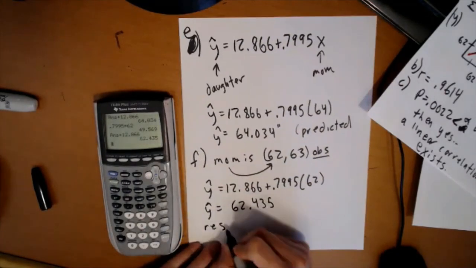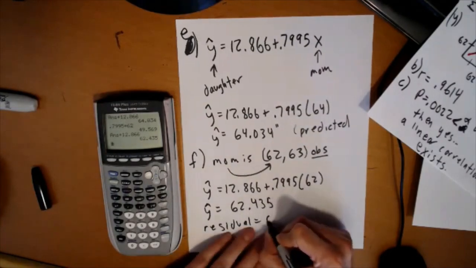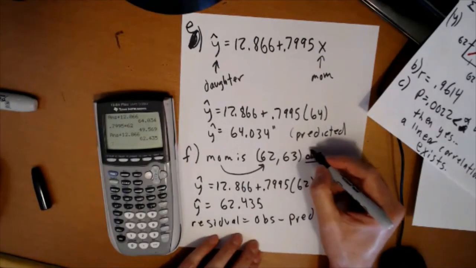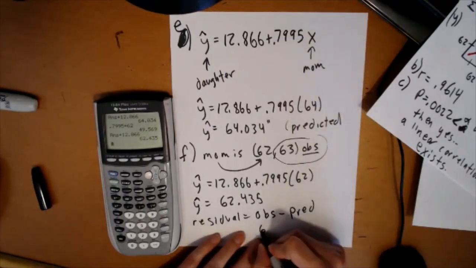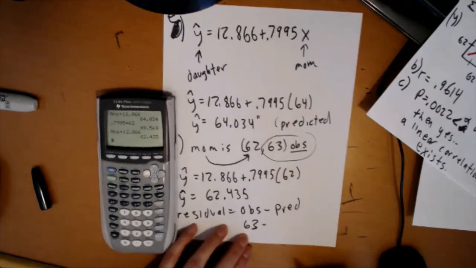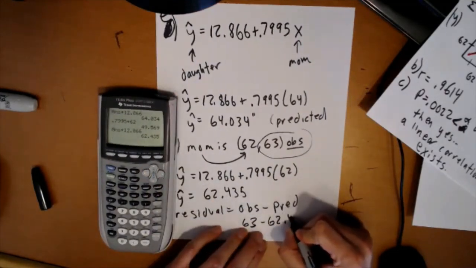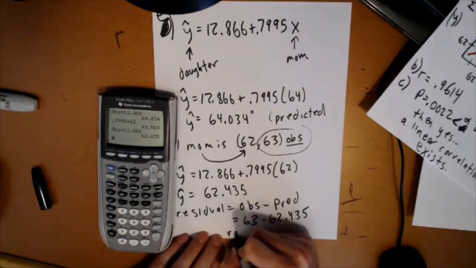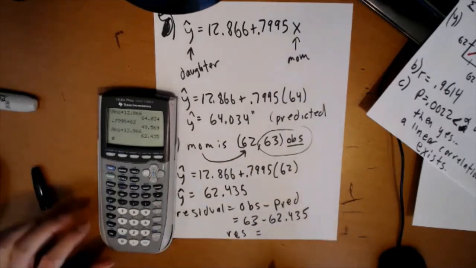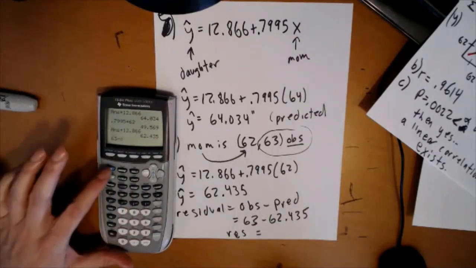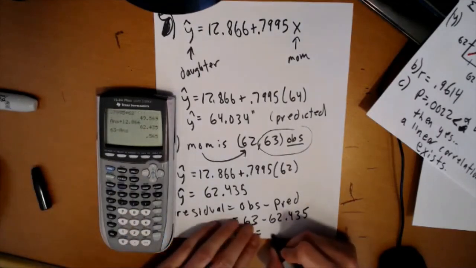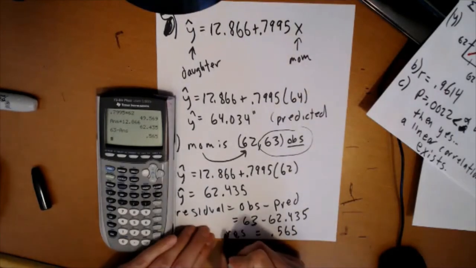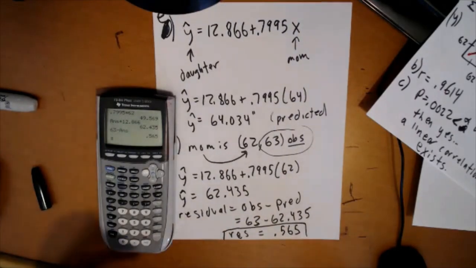The residual is the observed minus the predicted. So the observed daughter height was 63 minus the predicted 62.435. And so that gives us a residual of 63 minus answer, positive 0.565. Let's see what that means.